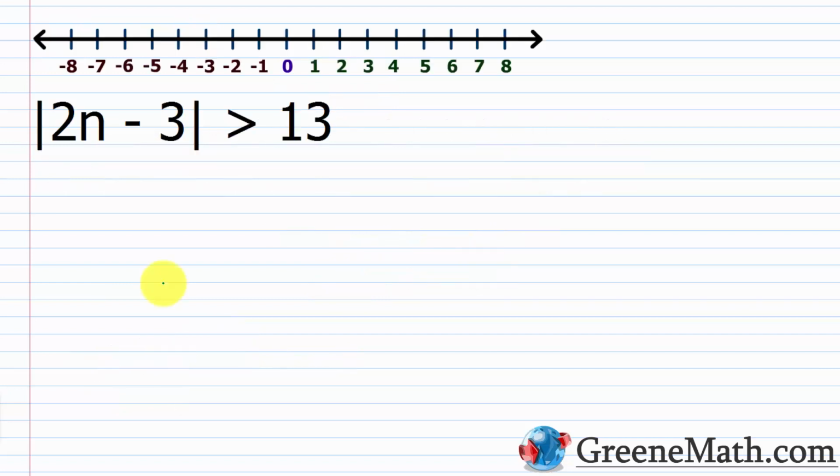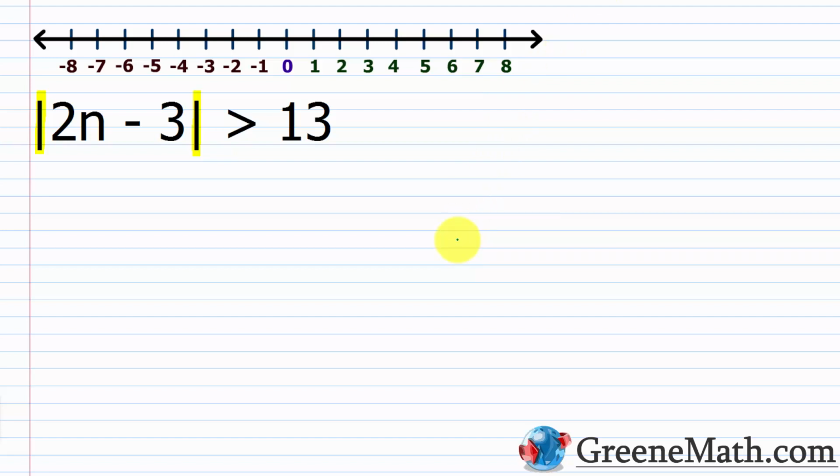So now let's look at one that's a little bit more challenging. This is something you'll see at the very first part. So we have the absolute value of 2n minus 3 is greater than 13. So the first thing to make sure of is that the absolute value operation is isolated. So this is isolated. You have an inequality symbol and then some number. Now, the next thing you think about is, is it a greater than or is it a less than?